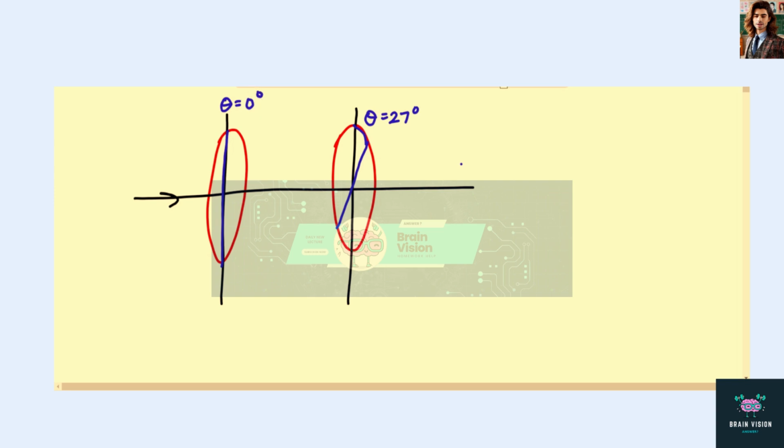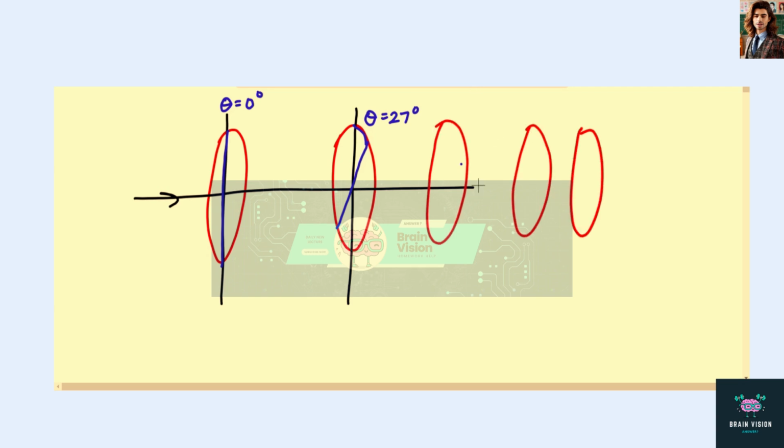And the problem is telling us that we can add additional analyzers all the way down, as many of them as we want. And each one is going to be oriented at a transmission angle that's another 27 degrees. So this one would be 54 degrees, and so on and so on.